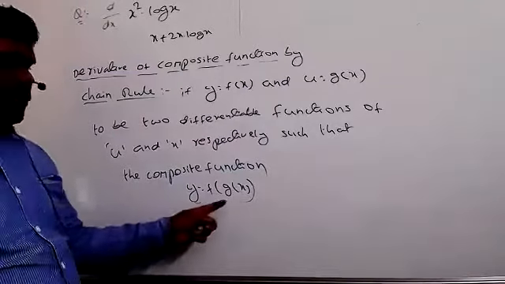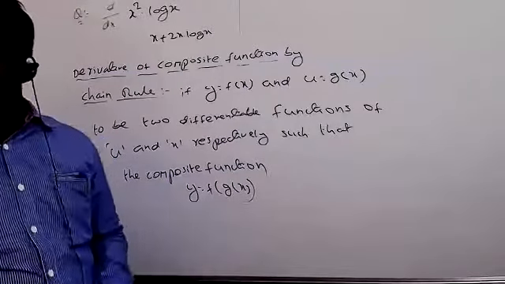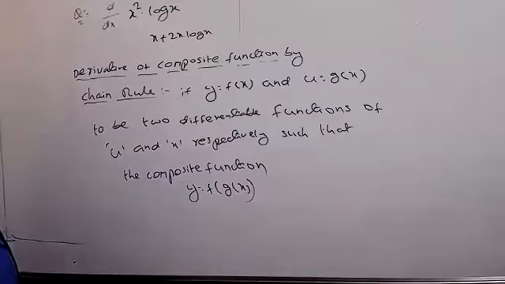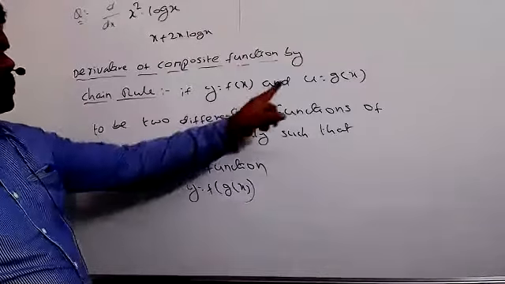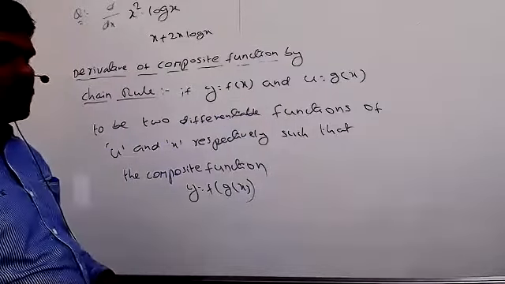You know what is the meaning of f of g of x here now? F circle g. U belongs to the second function, x belongs to the first function now. I mean, these two are the differentiable composite functions.